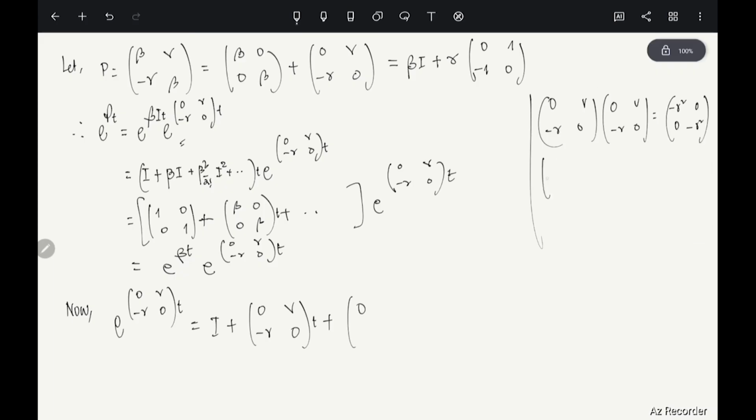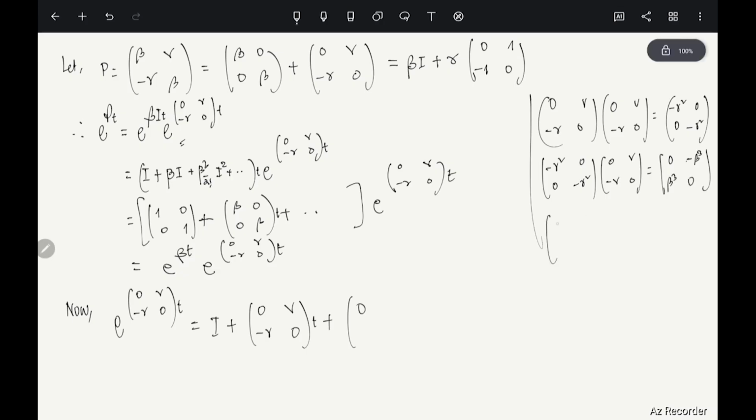What about the cube? The cube is minus gamma square 0, 0 minus gamma square, times 0 gamma minus gamma 0. For the third part, the cube, this is 0 minus gamma cube, and then gamma cube 0. Let's do another one, the last one.